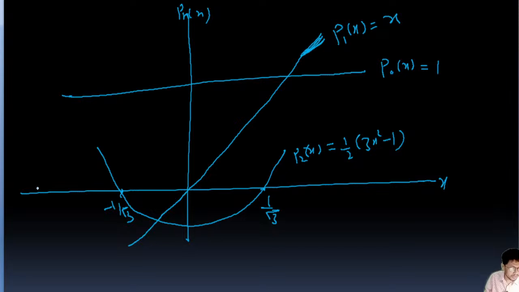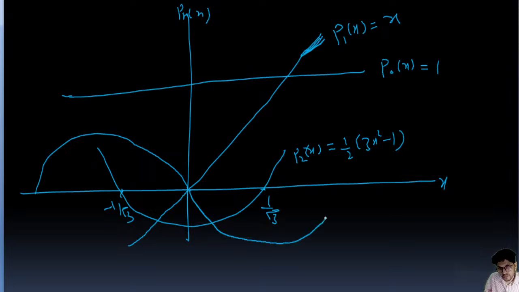And similarly, there is another graph for p3x, where these points are minus root 3 by 5 and plus root 3 by 5, and its value is 1 by 2 times 5x cube minus 3x.